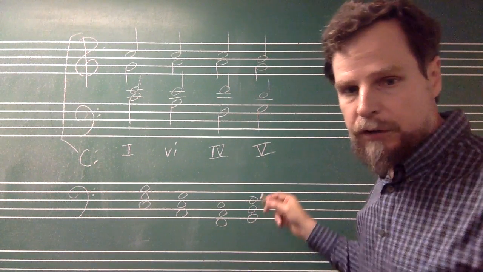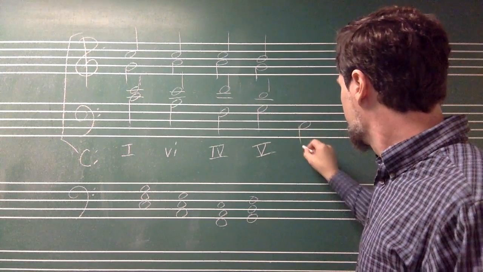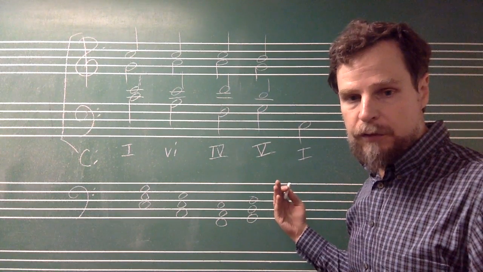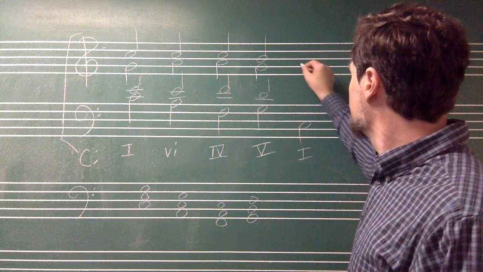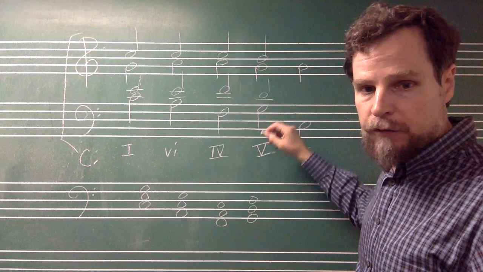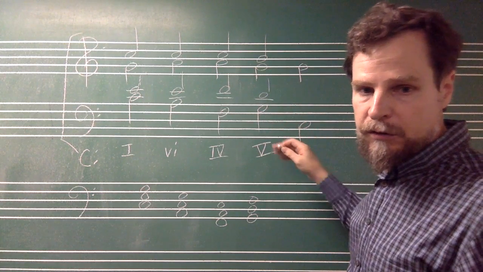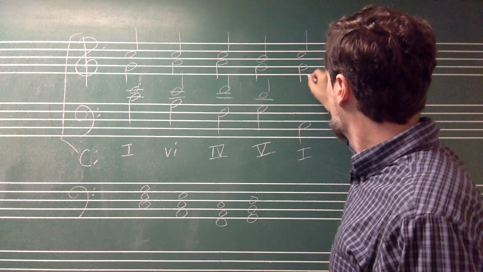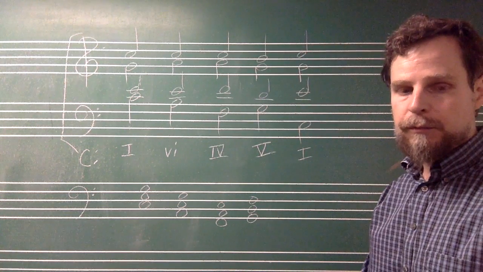And then finally, if we wanted to continue to the tonic, we could have the common tone, the G, kept. That's in the altos. And the other two voices find the E and the C. And you can see that the D and the B will easily move to those notes.